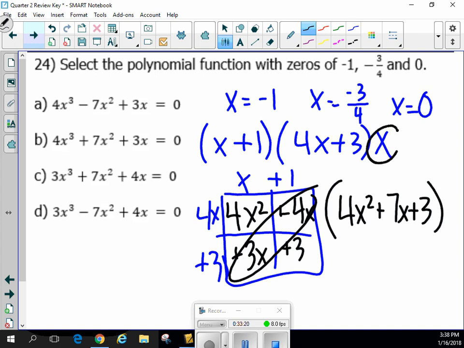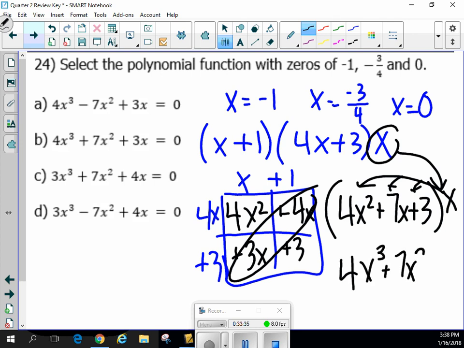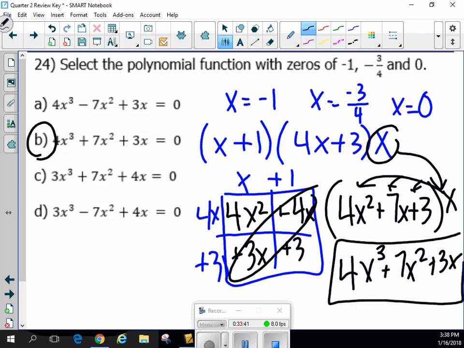We still have to multiply this by x. So when we multiply this by x, really you're just distributing x to each term. So x squared. So that answer would be B.